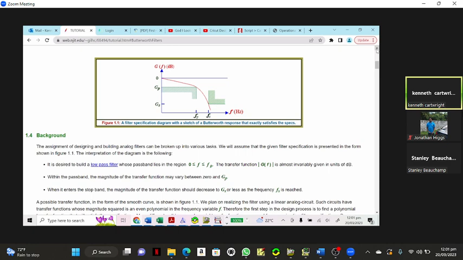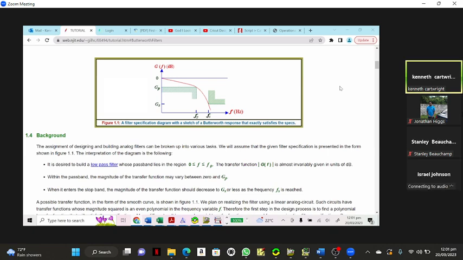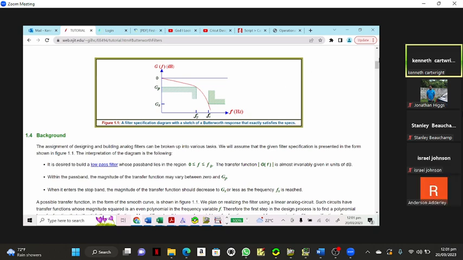How do you identify this as a Butterworth, other than the title saying it's a Butterworth?